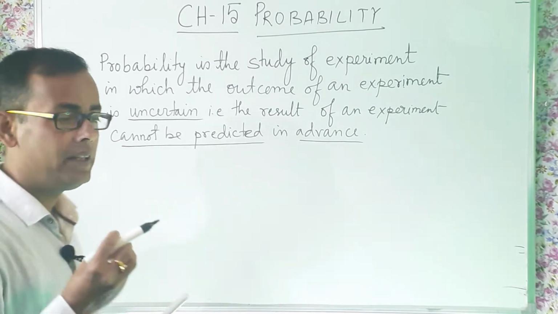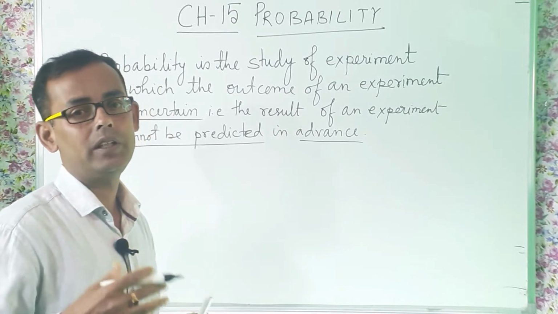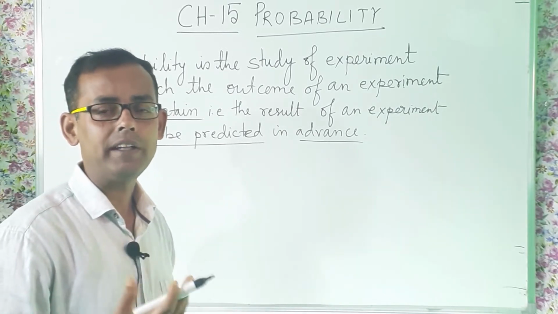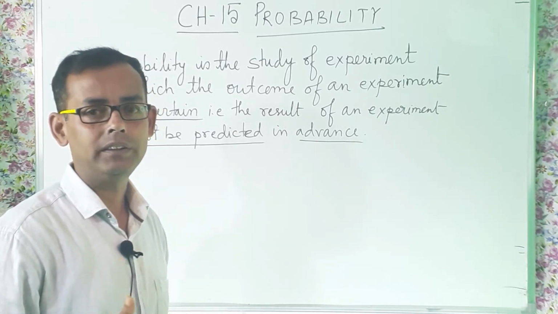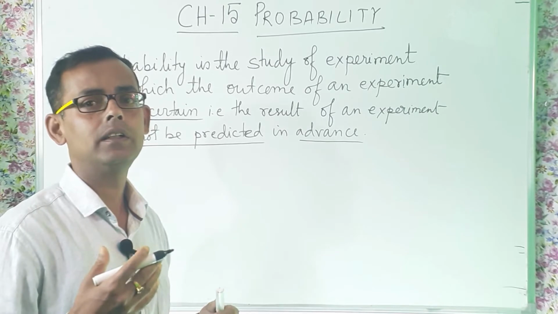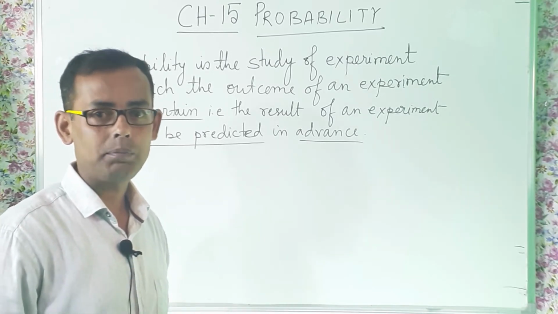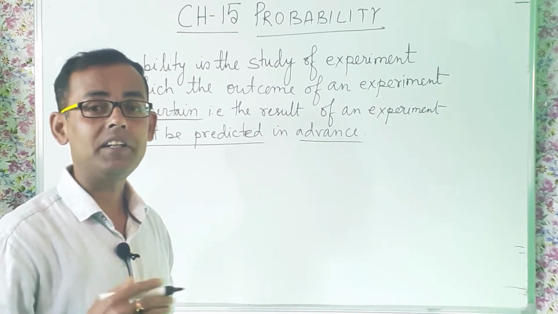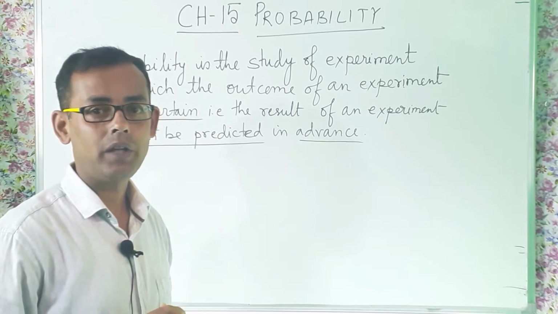Suppose if I give some examples, like in our day-to-day life, there are so many events occurring, and for some events we can say that it may happen, it may not happen. So we are uncertain whether it will really happen or not.